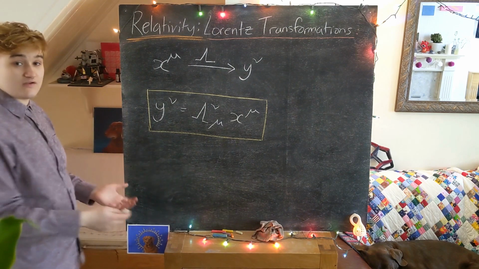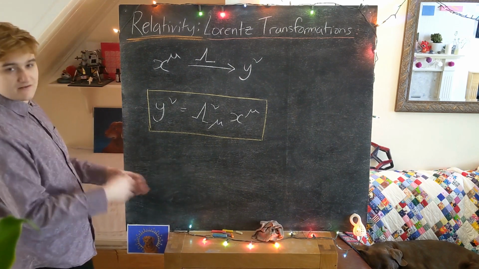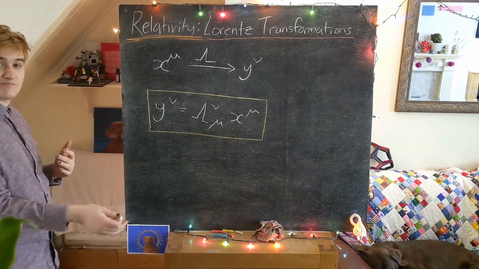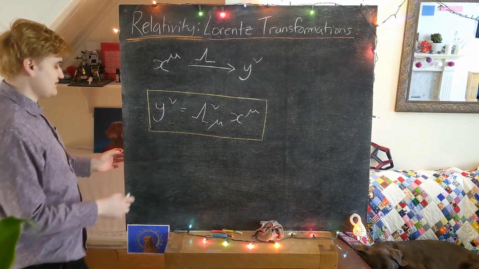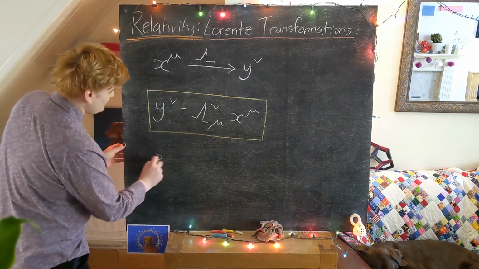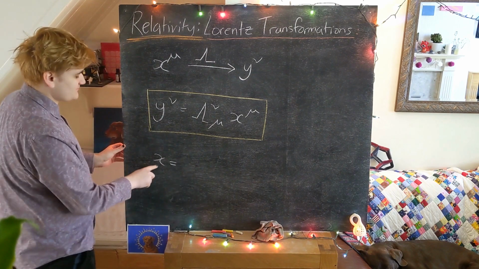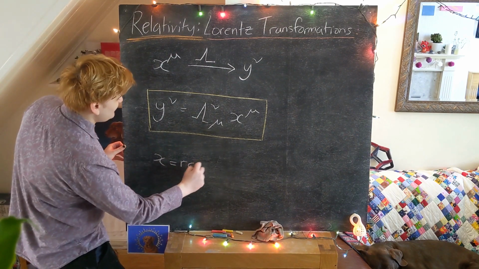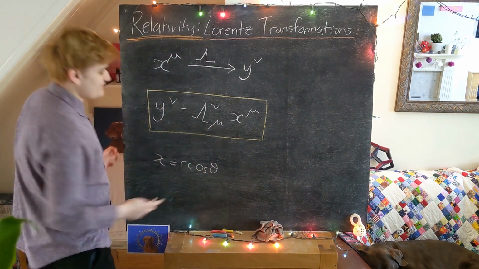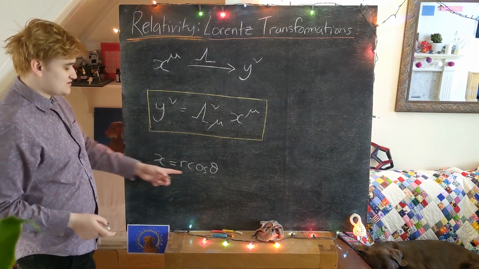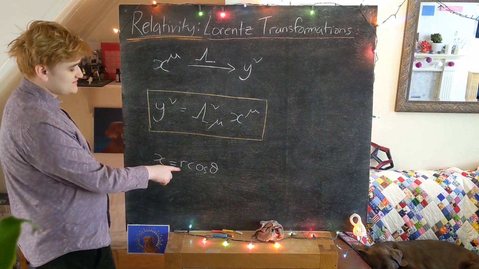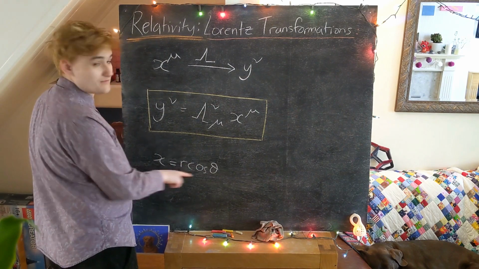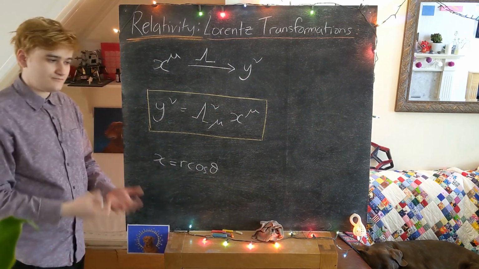An example of a non-linear transformation would be, say, switching from Cartesian to polar coordinates, because in polar coordinates we have to express the Cartesian coordinate as now something which is not a linear combination of the old coordinates. This is r multiplied by the cosine of theta.